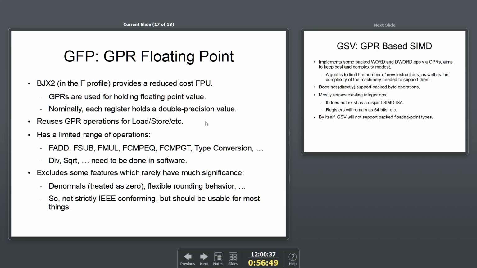So it has a fairly limited range of operations, namely add, subtract, multiply, compares, and type conversion, and similar. There's also abs and neg, but those are basically just simple bit twiddling operations.